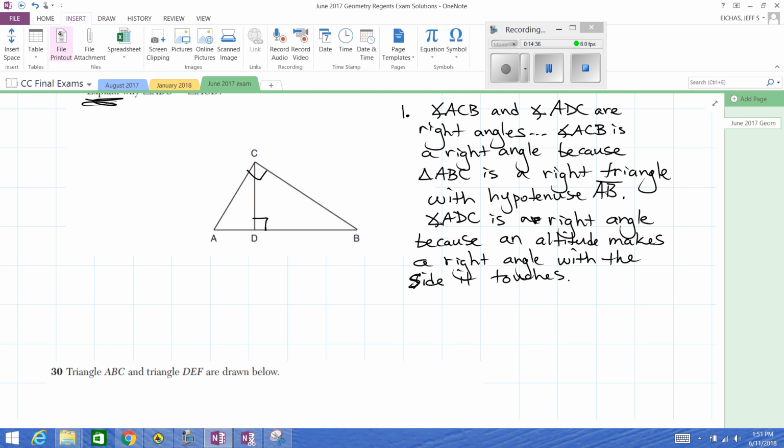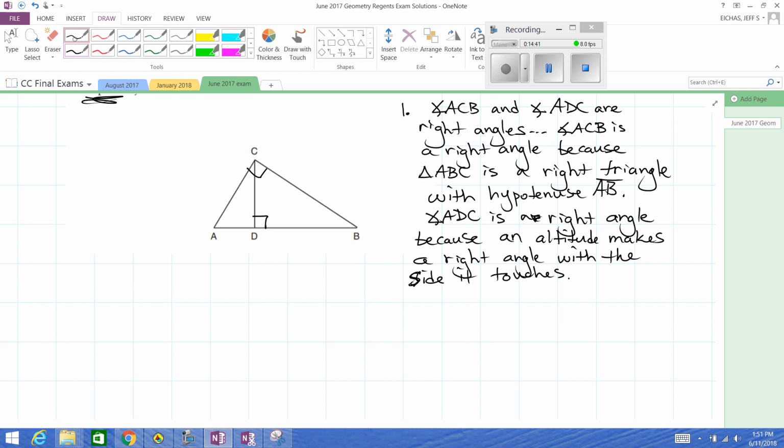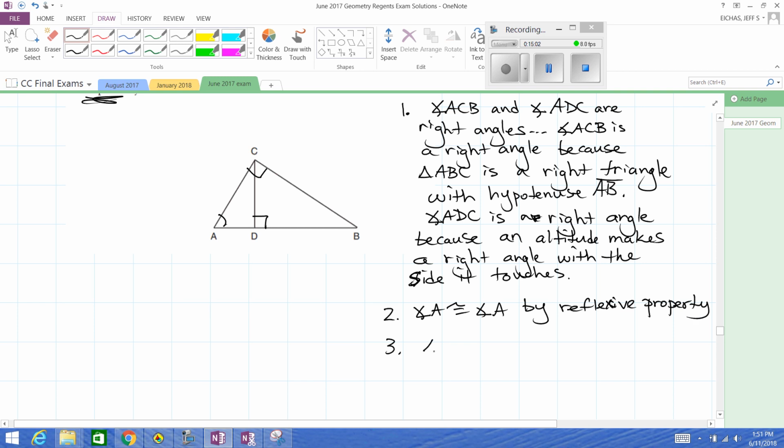That's probably more than I needed, but I was just verifying why those are right angles because I said they were. Now, angle A, if you look right here, both of those triangles have angle A as one of their angles. I could have made another step here. I probably could have said angle ACB is congruent to angle ADC, and that's because all right angles are congruent.